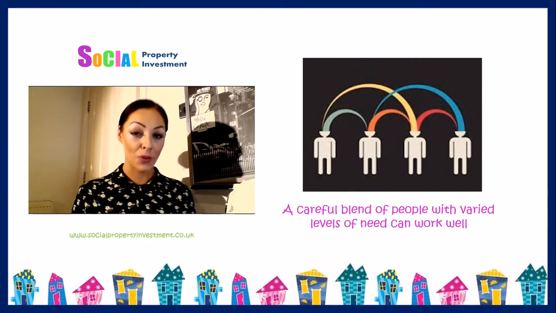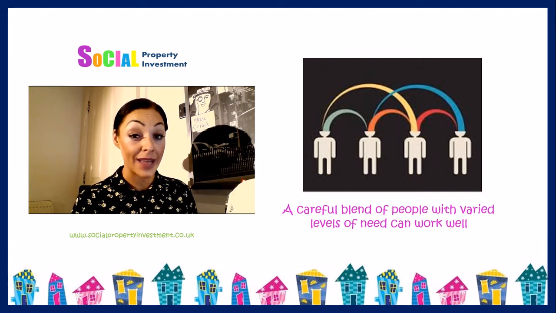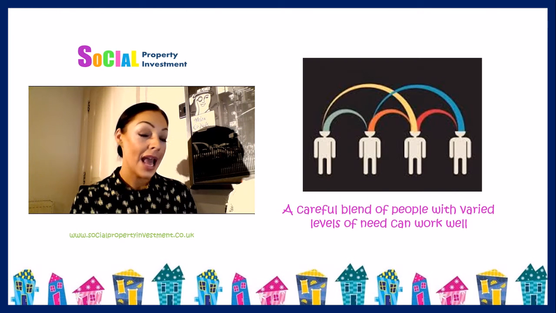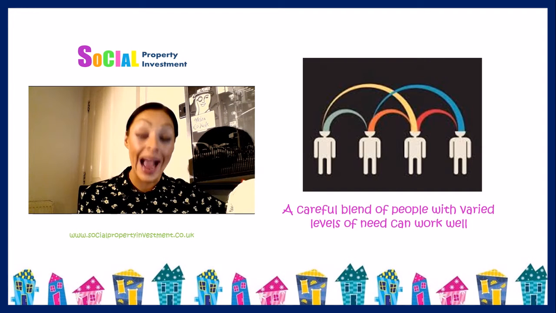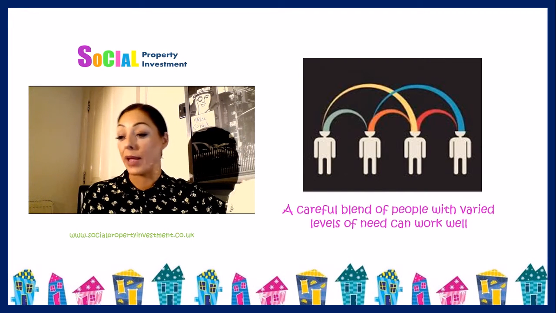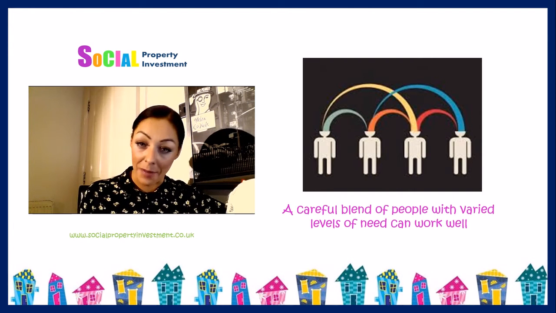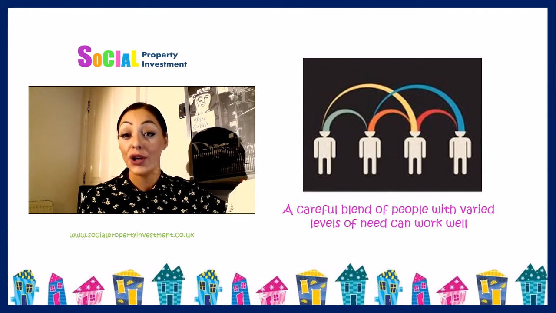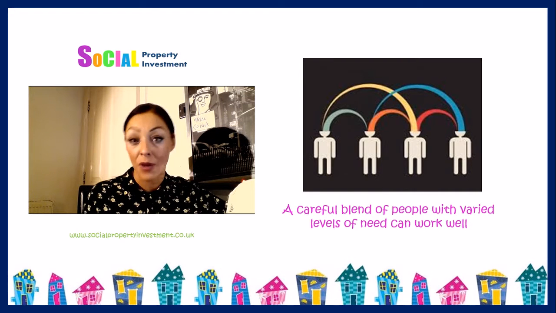And that is a model that I really like, and it's a model that I promote with social property investment as a best practice technique, is to use a blend and try not to have too many high needs people all in one unit. So if you have 3 people who are all alcoholics, that's maybe a bit of a nightmare. If you have 1 person who is trying to come off drink and you have 3 people who are sober, that can work very well.